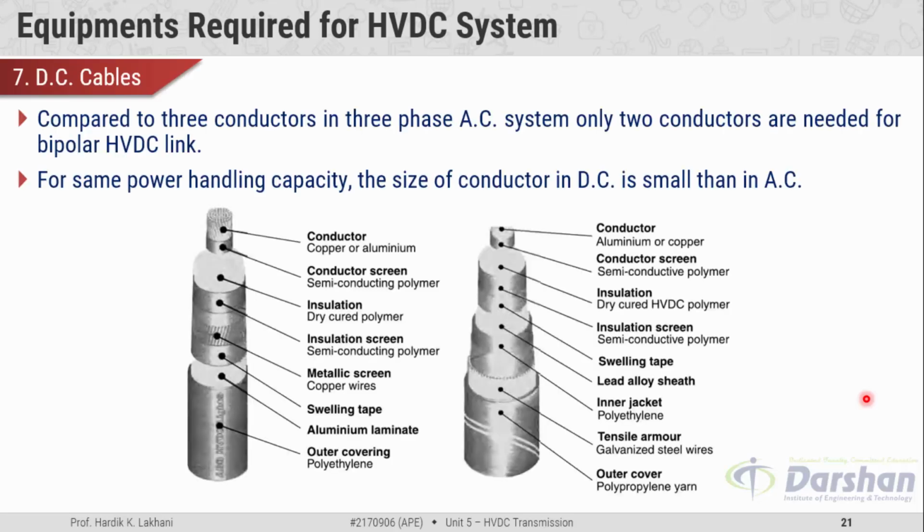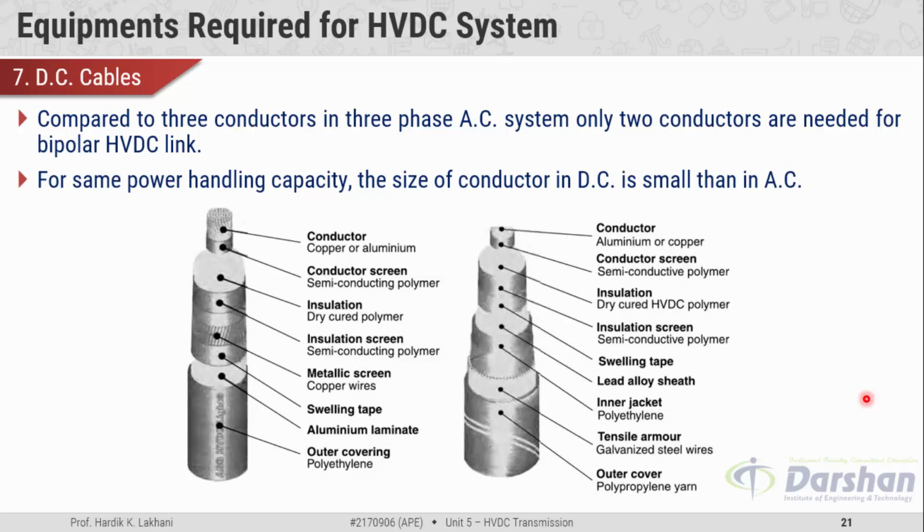DC cables. The cables used in an HVDC system to carry the power from one point to another are different from the cables used in an AC system. Compared to three conductors in a three-phase AC system, only two conductors are required for a bipolar HVDC link.